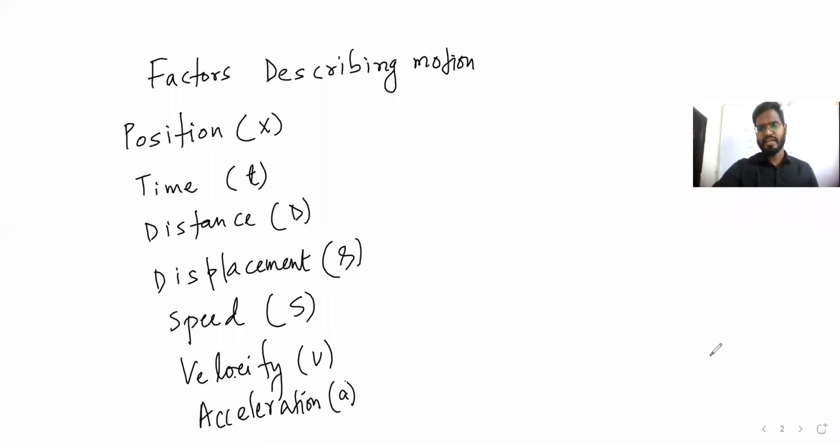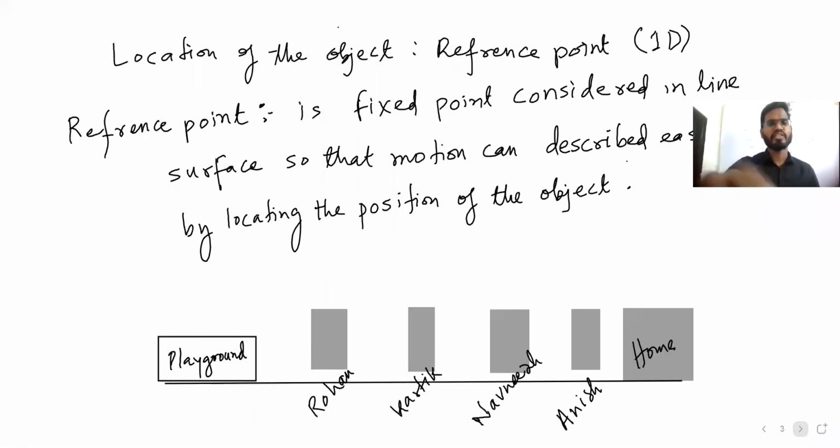Apart from that, what we are going to see now is the location of an object, and the reference point. Why we are learning this topic is really important. The location of a point is a fixed point considered in a line or surface so that the motion can be described easily by locating the position of the object. Suppose somebody asks you what is your address. Let's say your home is in Sholinganallur.